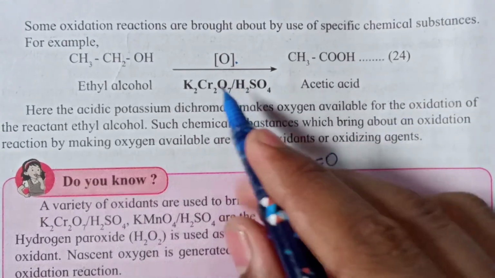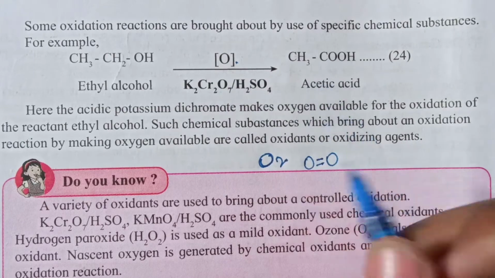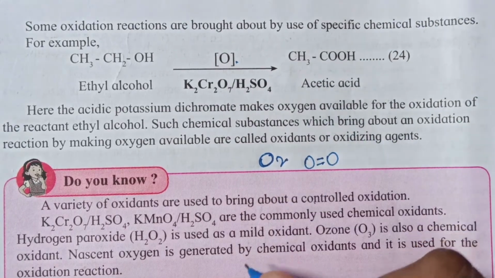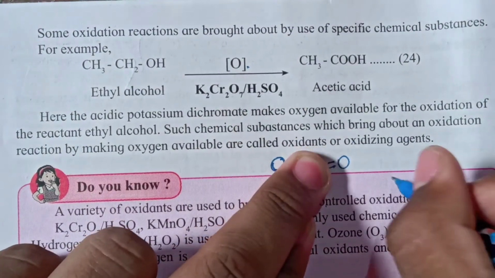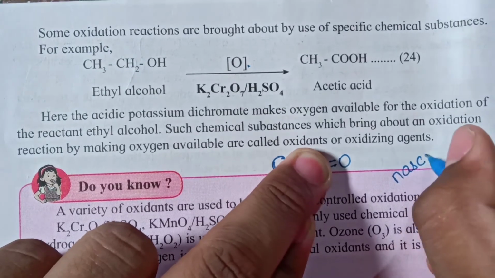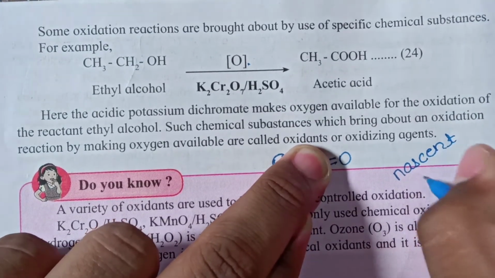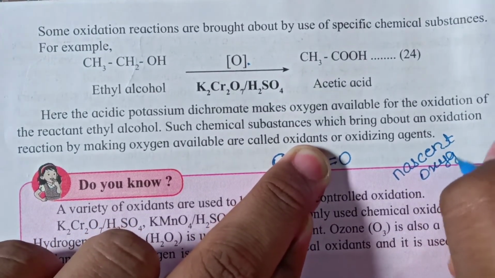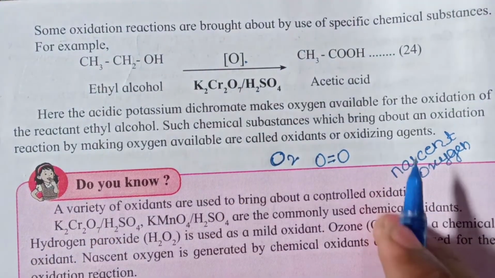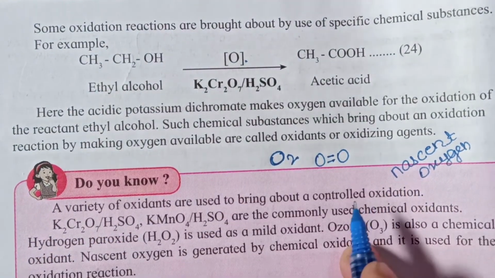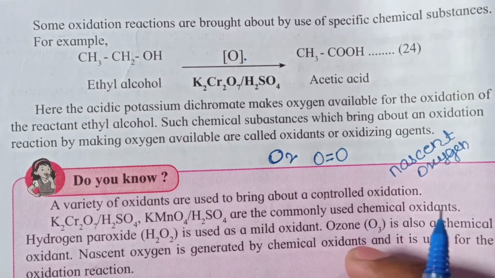But this O which you see is known as nascent oxygen. I will write it over here, nascent oxygen. We are going to learn about nascent oxygen in the upcoming part of this video, but for now let us continue.